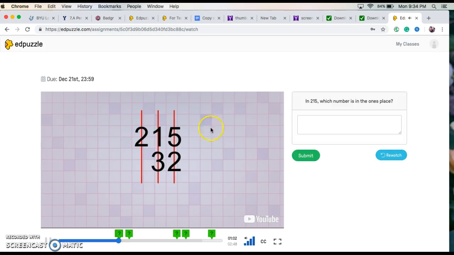In 215, which number is in the ones place? Please show me by the raise of hands.